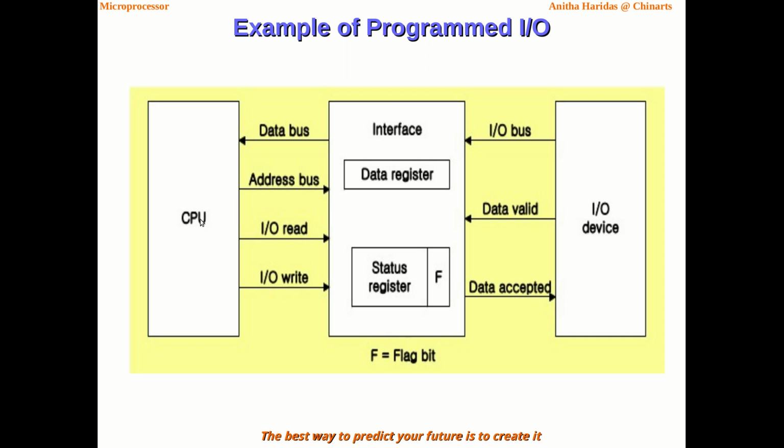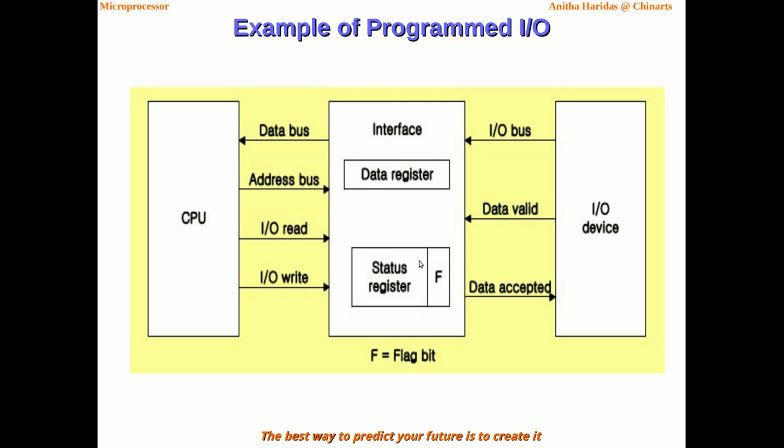If it is an input command, a read command in the CPU, the data will be read from the input device and stored in the buffer, right? If it is a write command by the CPU, then whatever data is available in the data register will be given to the output device. This is how it is going to function.